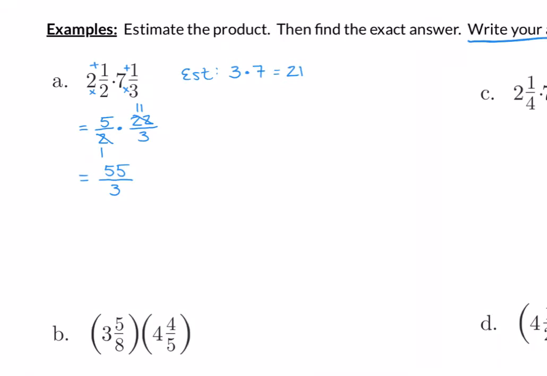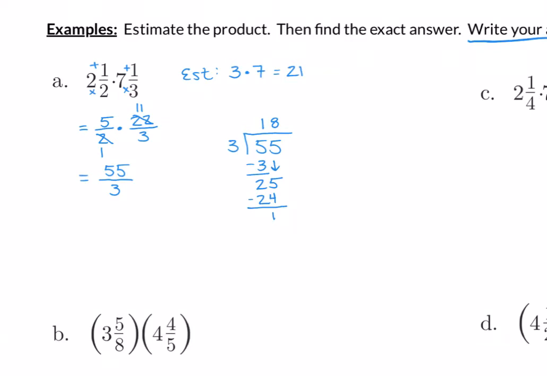We have our answer as an improper fraction, so the last thing we want to do is convert to a mixed number. So remember, we're going to use long division. 3 goes into 5 one time. 1 times 3 is 3. Subtract, we get 2. Bring down our 5. 3 goes into 25 8 times. 8 times 3 is 24.